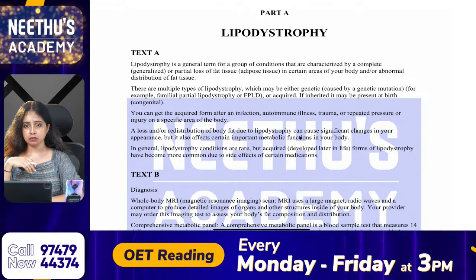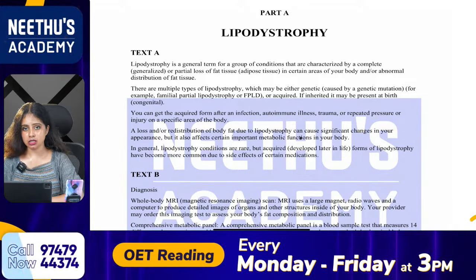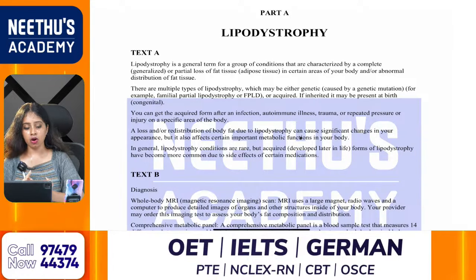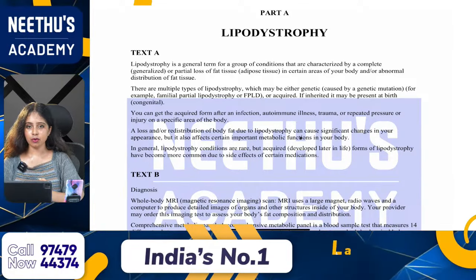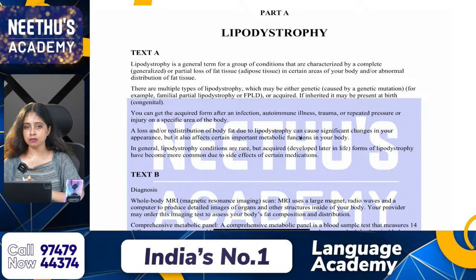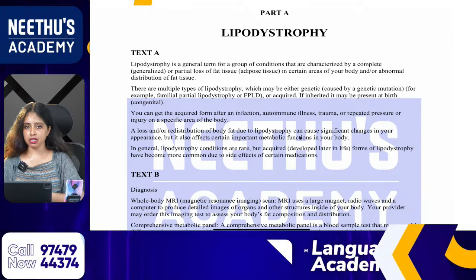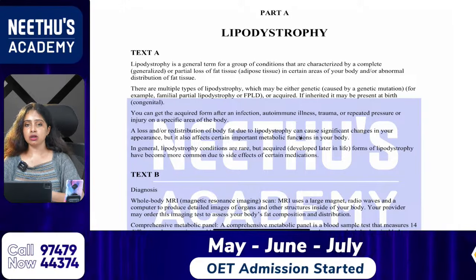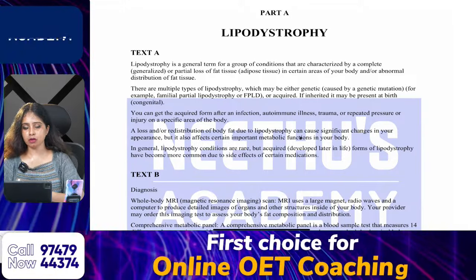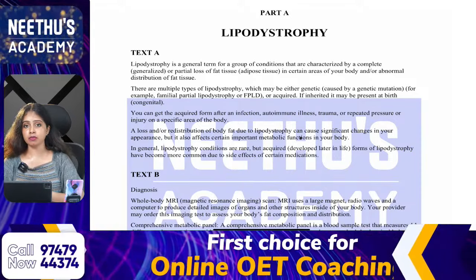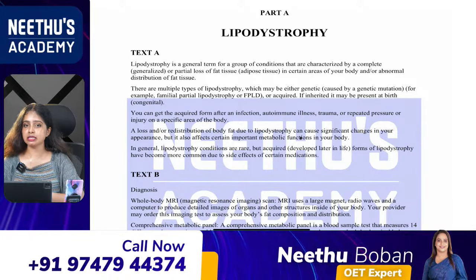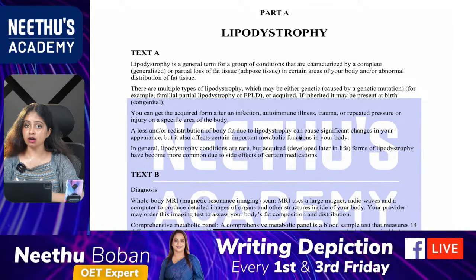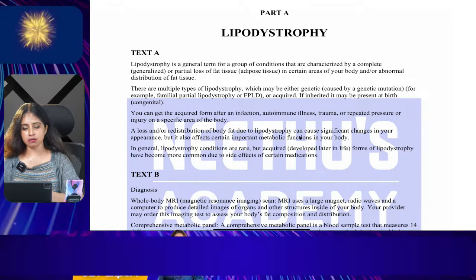Okay, so first of all, we can mark all the headings, all the subheadings, all the numbers, all the names, then all the abbreviations, we can say short forms. Then all the things that are related to timing, the words which indicate timing. For example, now, presently, currently, early, delay, after.